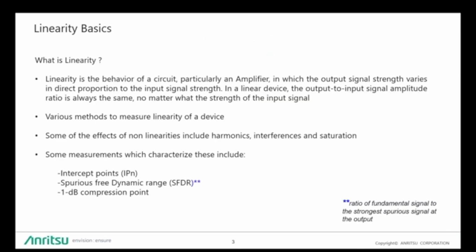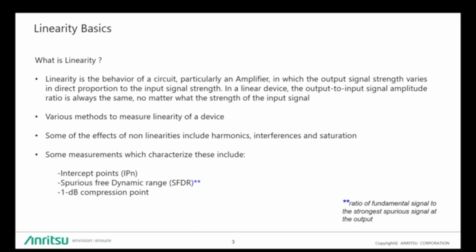So let's begin addressing linearity. Now, what is linearity? Basically, linearity is the behavior of a circuit where the output signal strength varies in direct proportion to the input signal strength. What does that mean? Very simple example. If you have an amplifier with a gain of 10 dB and you begin by putting in minus 10 dBm at the input, in its linear region you're going to see 0 dBm at the output.